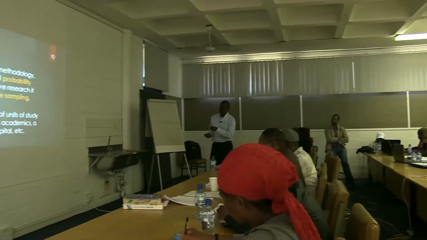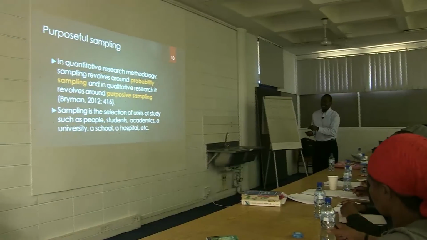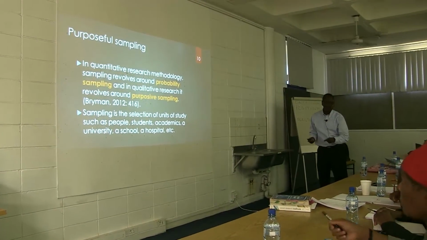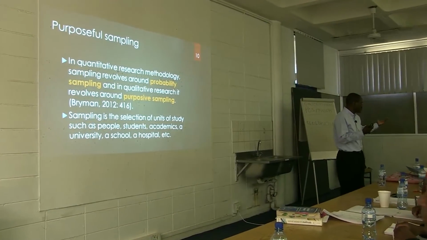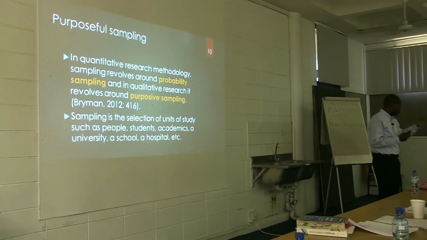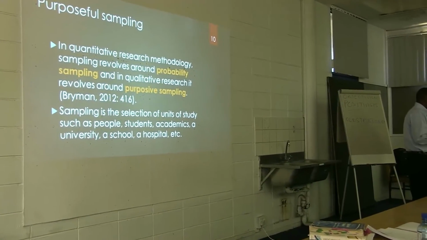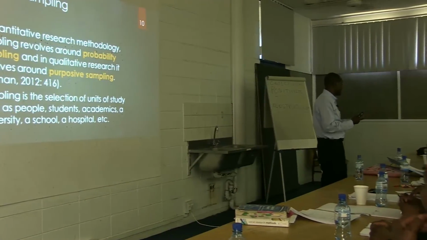Okay? All right. So sampling is the selection of units of study, such as people, students, academics, a university, a school, a hospital, and in her case, the people that do small to medium enterprises. What are you doing, sir? Fine arts as well. So it could be artists, it could be students doing art, or it could be people that do art. Okay? And you, what are you doing?